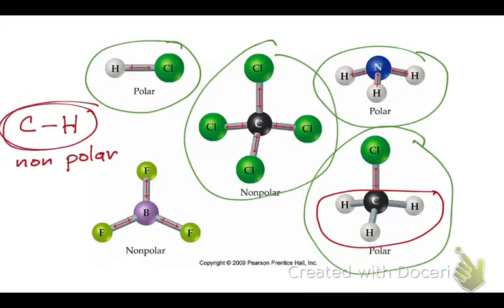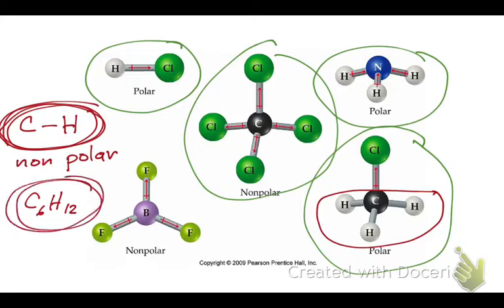So anytime you see a molecule that's only made of carbon and hydrogen, and I ask you to predict its polarity, you immediately have to conclude it's non-polar. Why? Because a molecule like that is made of either carbon-carbon bonds, which are naturally non-polar, same atom, or carbon-hydrogen bonds, which are also non-polar bonds.